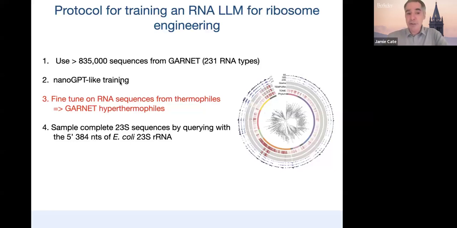Then we could take that pre-trained model and fine-tune it on RNA sequences from thermophiles, really from GARNET hyperthermophiles. Again, these red ones from here. After that, we would sample complete 23S ribosomal RNA sequences by just querying with the beginning of the 23S ribosomal RNA.